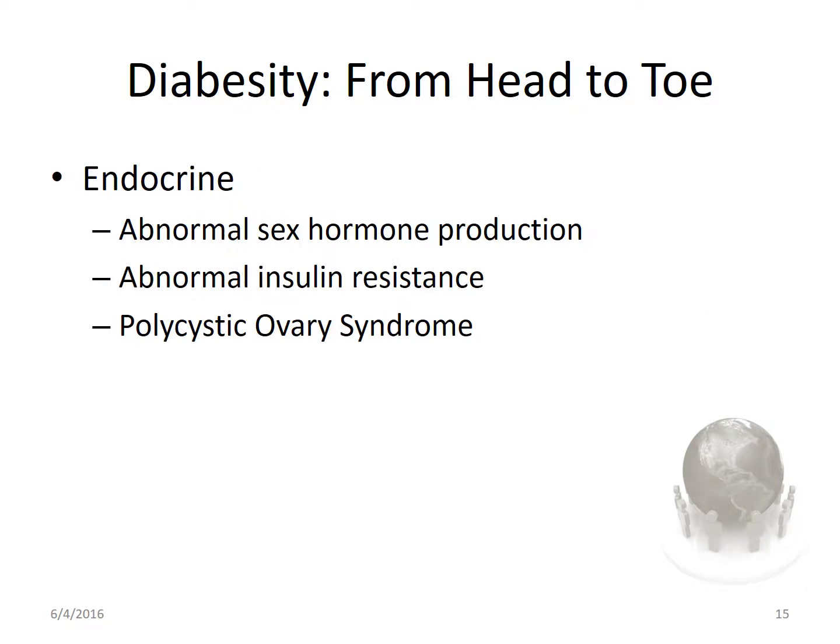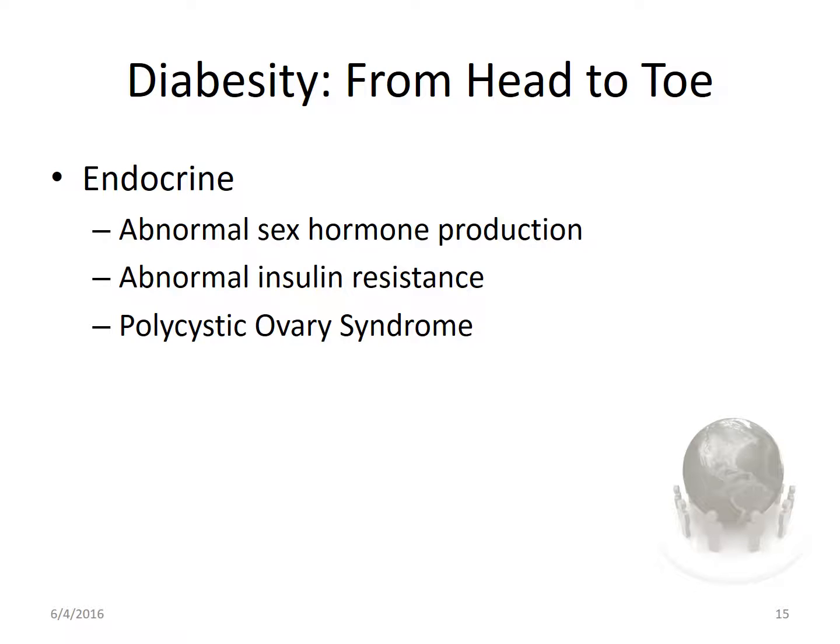The endocrine system. The adipose tissue of an obese adolescent will express a sex hormone producing enzyme, leading to hyperandrogenemia, which is a lot of extra hormones in the blood, and hyperinsulinemia, a lot of extra insulin in the blood, and insulin resistance, not making it work as well.